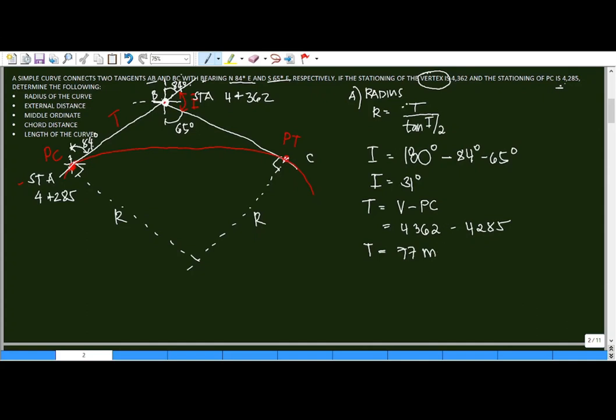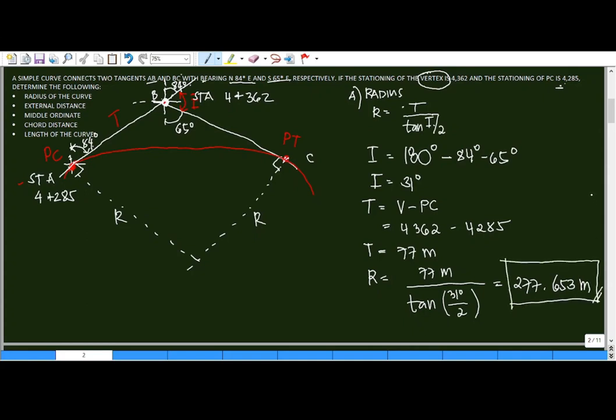Meron na akong value ni tangent at saka ni I, can now solve for the value of my radius, that is equal to 77 meters divided by the tangent of my I, 31 degrees over 2. Inputting this in your calculator, this is equal to 277.653 meters. This is the value of my R.